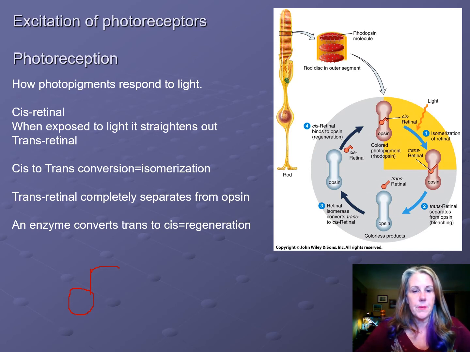So this is the pigment, and when we flip the lights on, what happens is that the molecule changes shape. So it goes from the cis-retinol shape to a trans-retinol shape. So a trans-retinol shape looks like this.